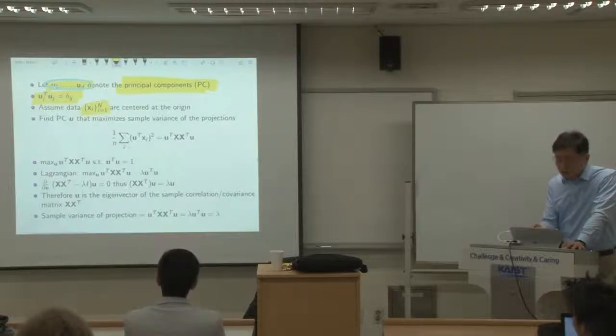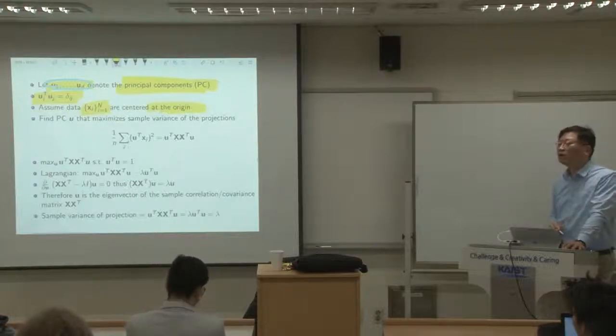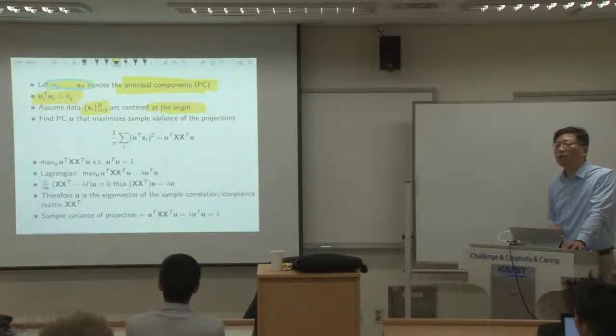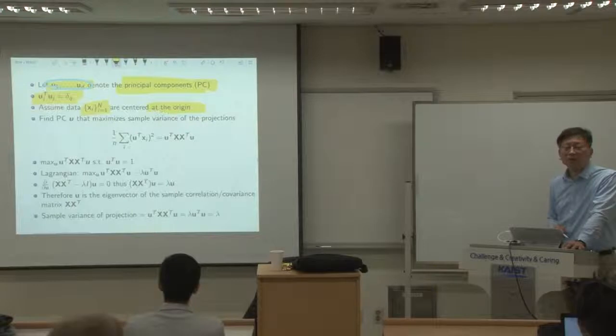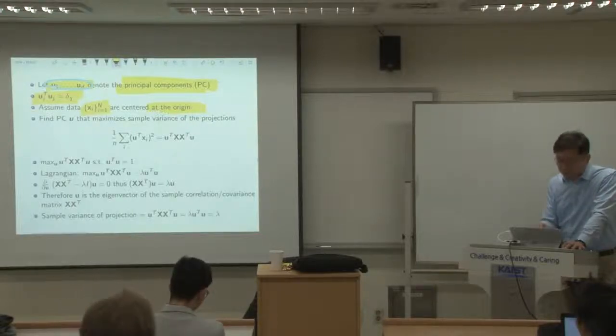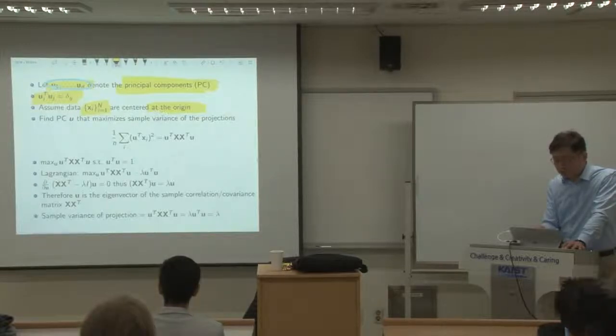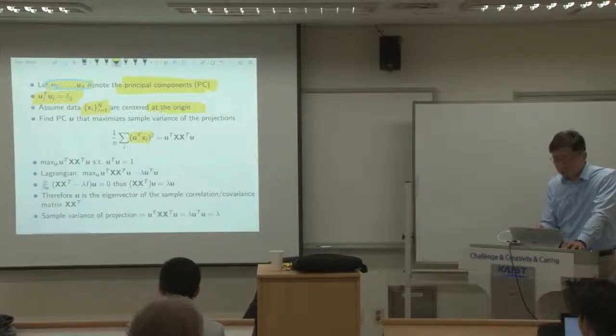I'm going to assume, without loss of generality, that it is centered on the origin. I could do that by subtracting out the mean. So if I project it onto this new coordinate system, that's that. So this will give me what?